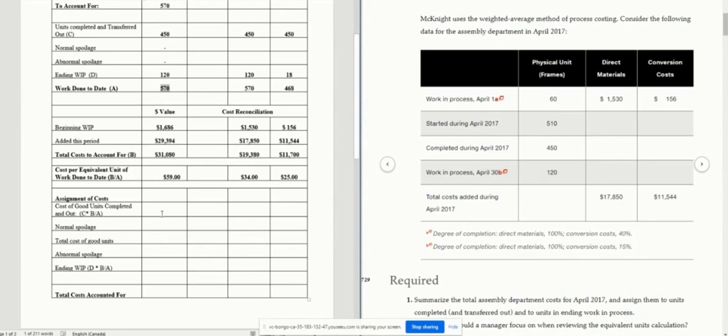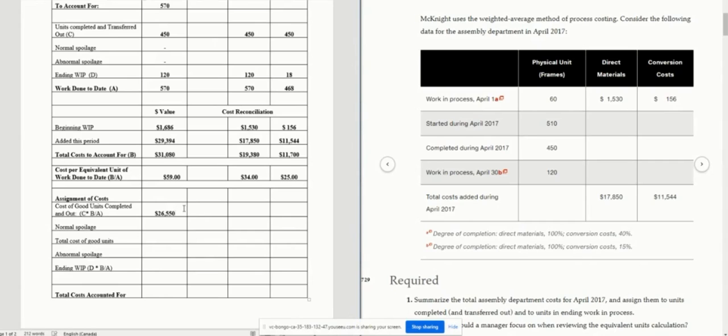Well, I know I completed 450 units. Each unit is worth $59 each. So 450 times 59 would give me 26,550.